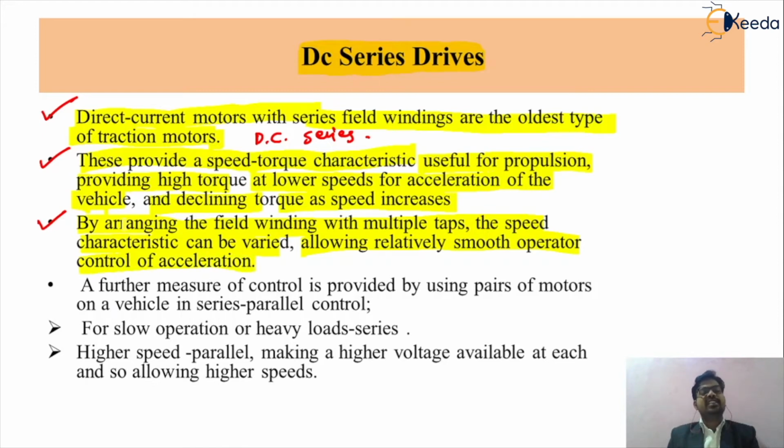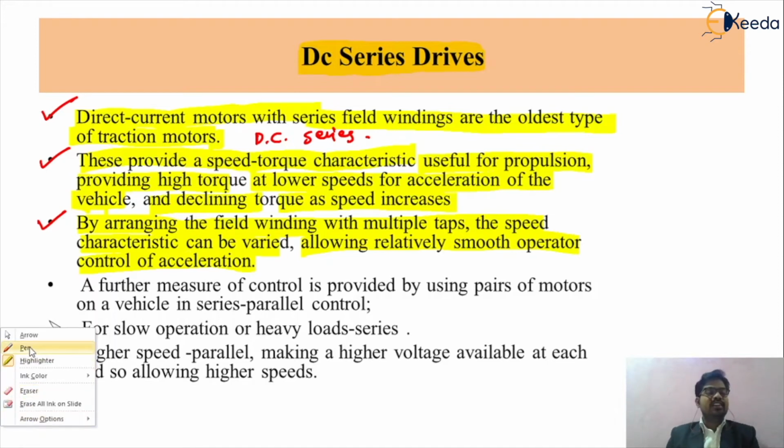Because while connecting the field winding in series, we connect multiple taps, and due to that the speed control strategy lets us accelerate the drive in a very simple manner. That's why in previous days we preferred the DC series drive for traction purposes. Again, a very important concept.